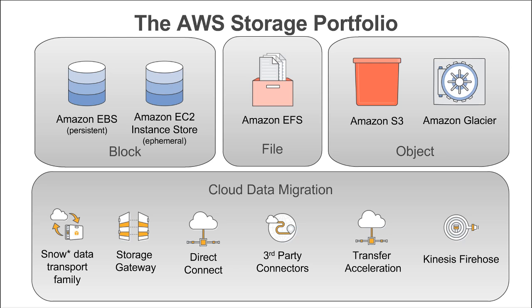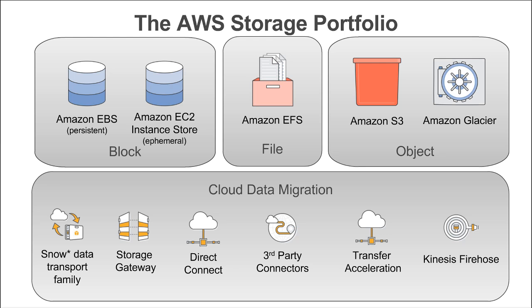Block storage provides the lowest possible latency access to your data from single EC2 instances. So if you have a single instance that needs to access the data, you can use block storage to do that. EBS is very popular, for example, for boot volumes and for databases where single access is important and you really want to get the lowest possible latencies.